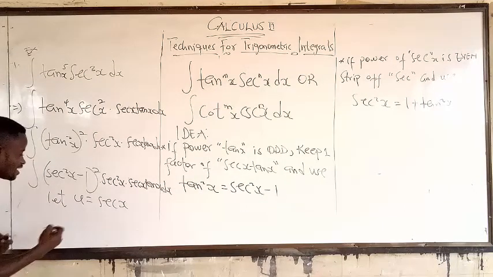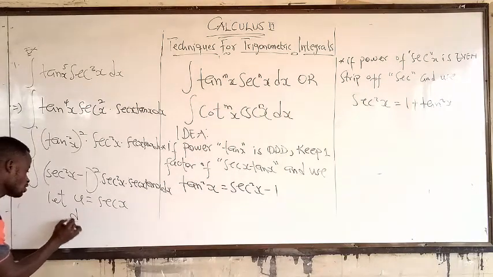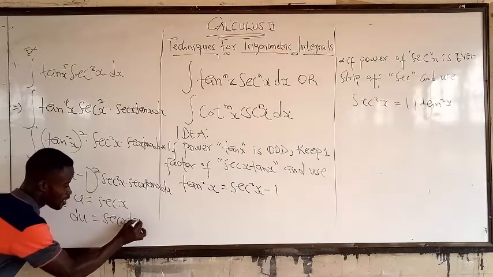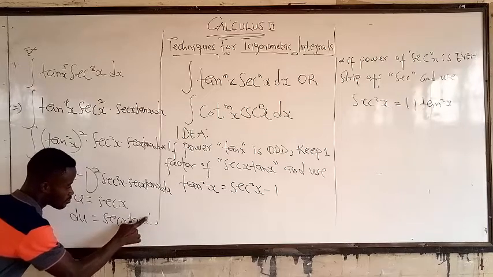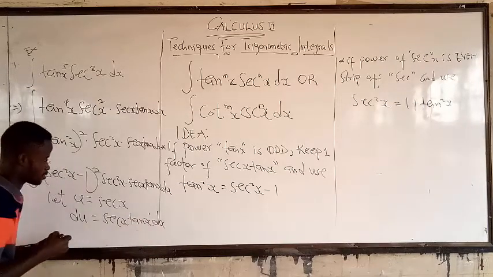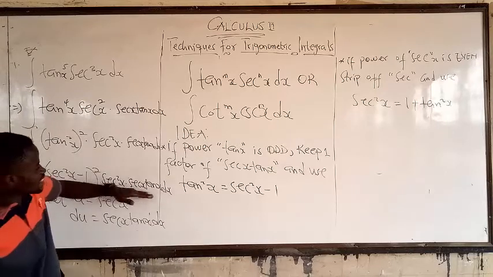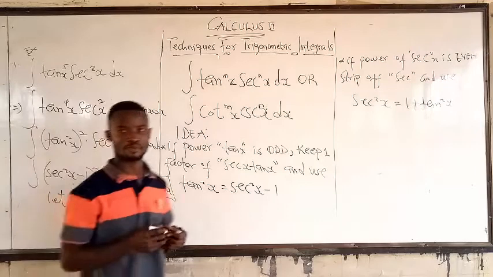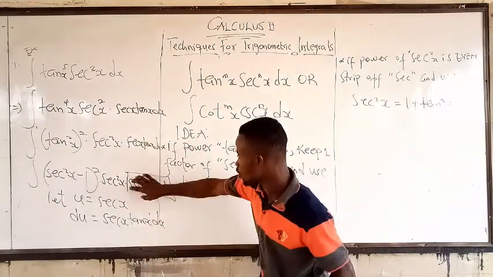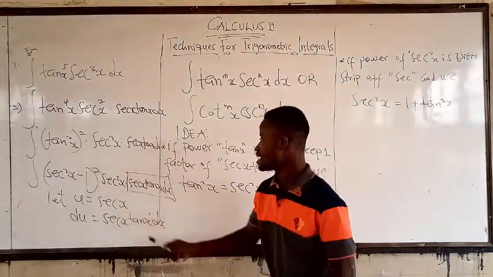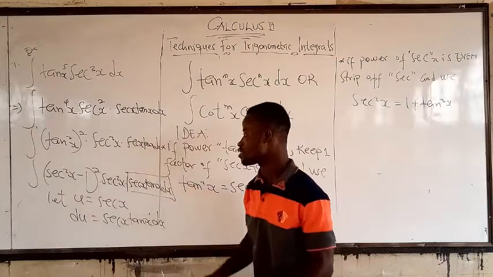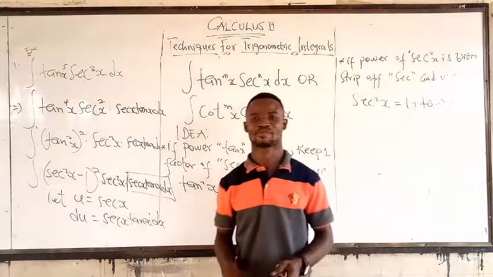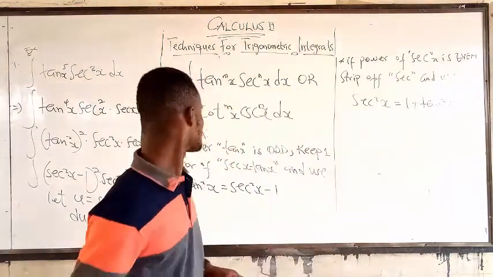When you differentiate this, you will get sec x tan x dx. And that is exactly what we see here. So we can see that the whole of this is the du. And the exact same thing here, we can do the substitution of it, and that is u.